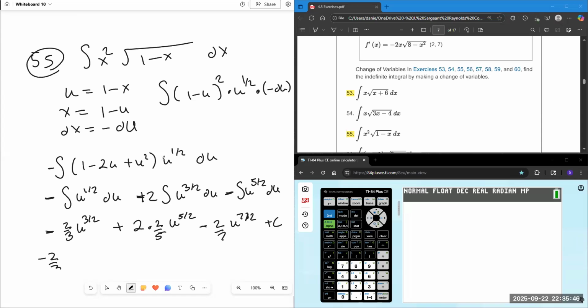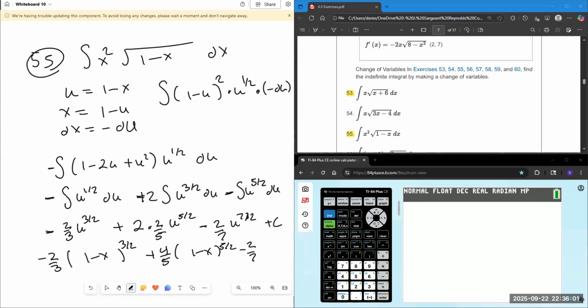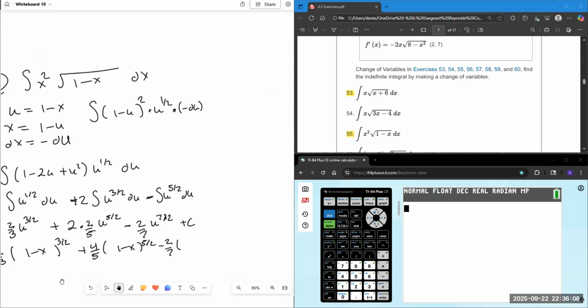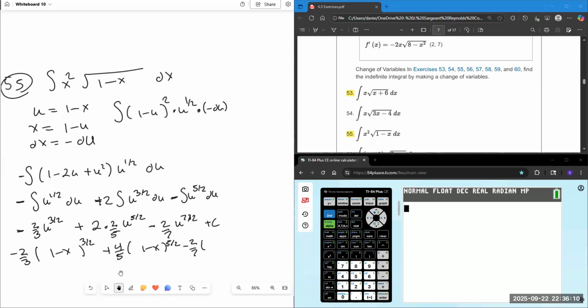It's negative 2/3 of something to the 3/2, where something is 1 minus x, plus 4/5 of something to the 5/2, and that again is 1 minus x, minus 2/7 of something to the 7/2, which is 1 minus x.